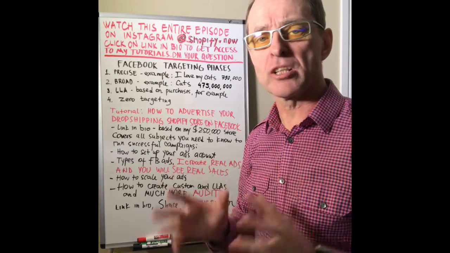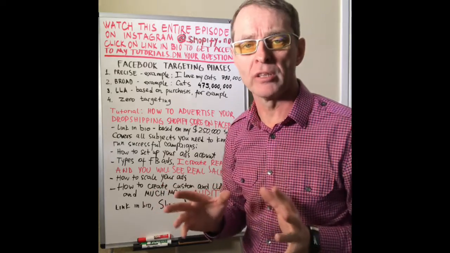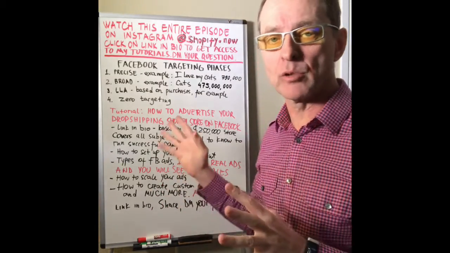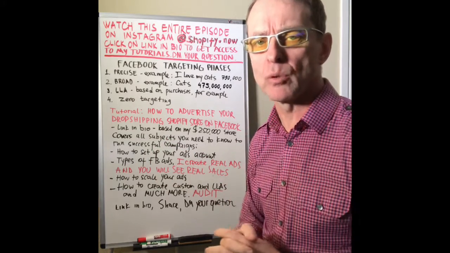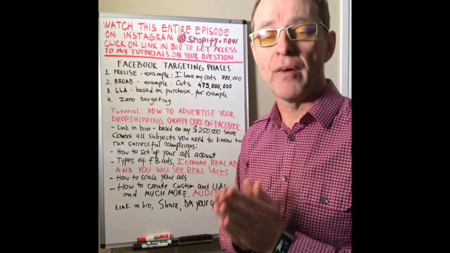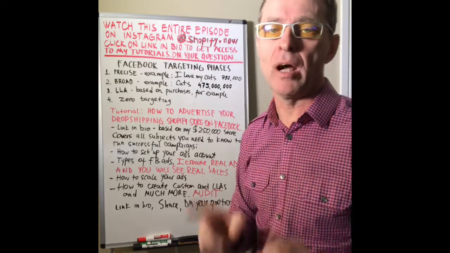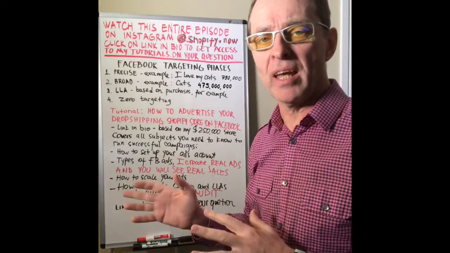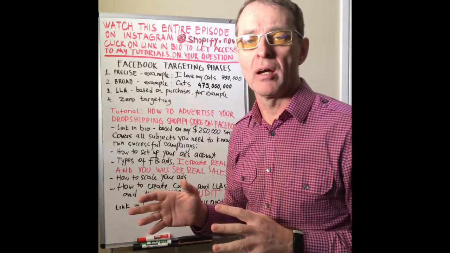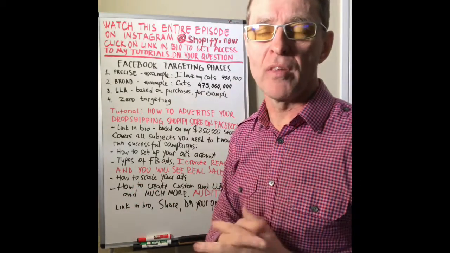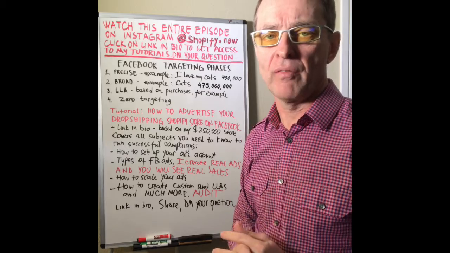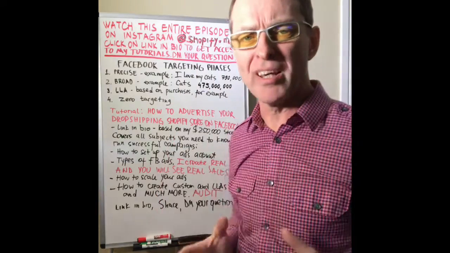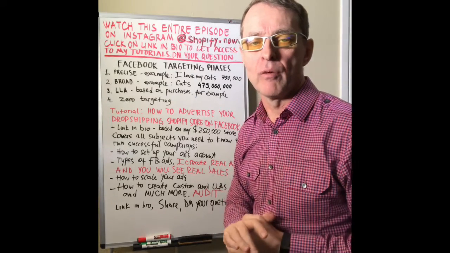Laser target. There's no social network in the world that can zoom in on your customer. And we're obviously talking about Facebook for a Shopify store. Facebook is simply incredible. However, most people make the mistake of working against the Facebook Pixel versus working with it. The Pixel's algorithm is an artificial brain, you can say, behind your Facebook account.